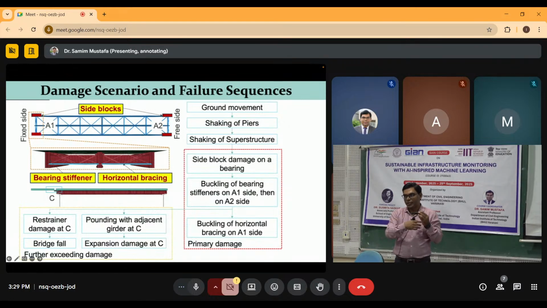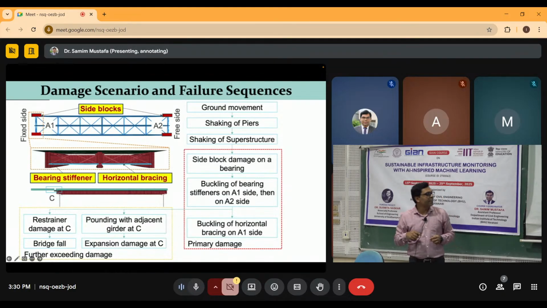If the earthquake comes from one side, it will trigger shaking of the first span, then of the second span, so there is a timing gap. Sometimes it also occurs because of the difference in natural frequency of this span and that span. Because of these two things, pounding effect usually occurs.